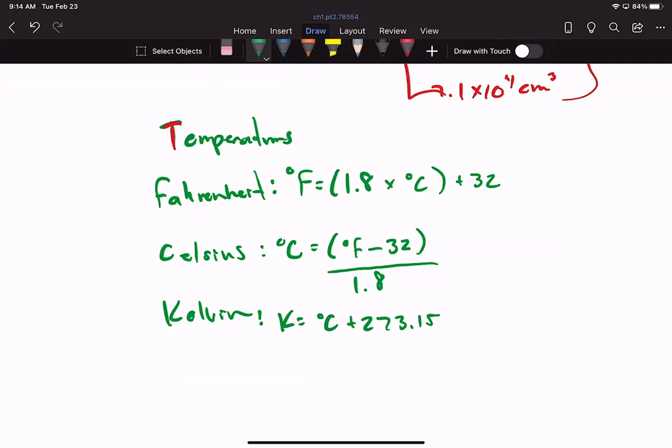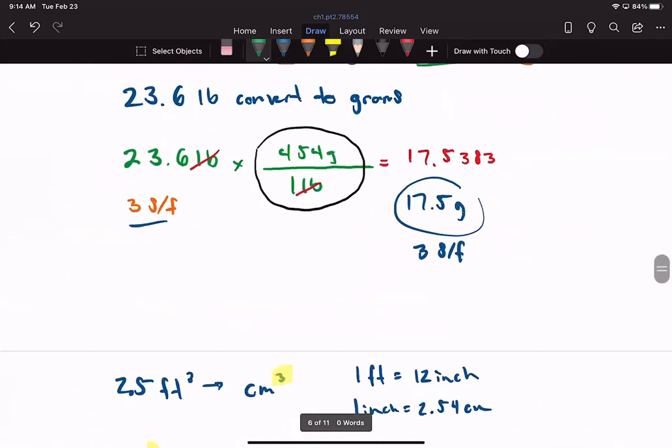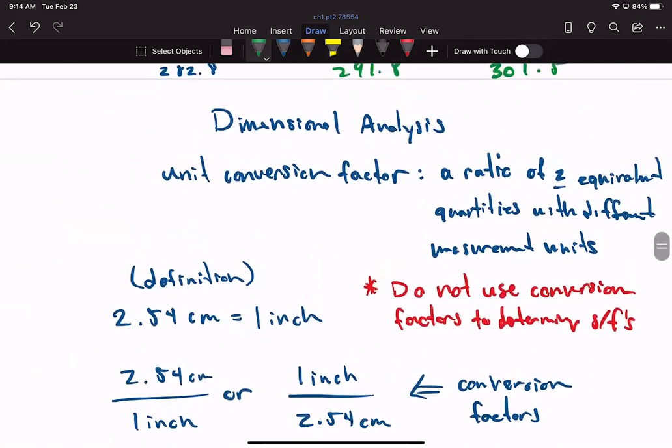But all of these here are definitions, right? They're all definitions. And what did we say about definitions and significant figures? Right? Definitions do not use any conversion factors to determine significant figures, and that is to also include our definitions, right?